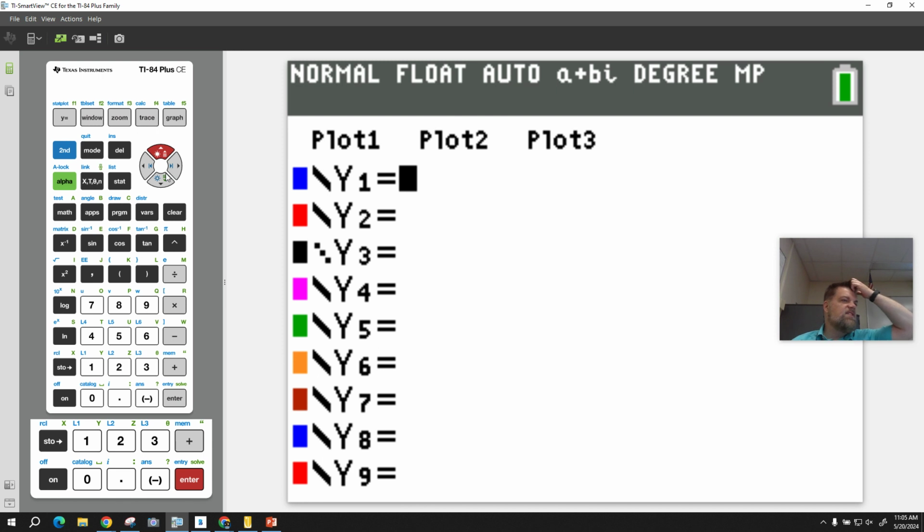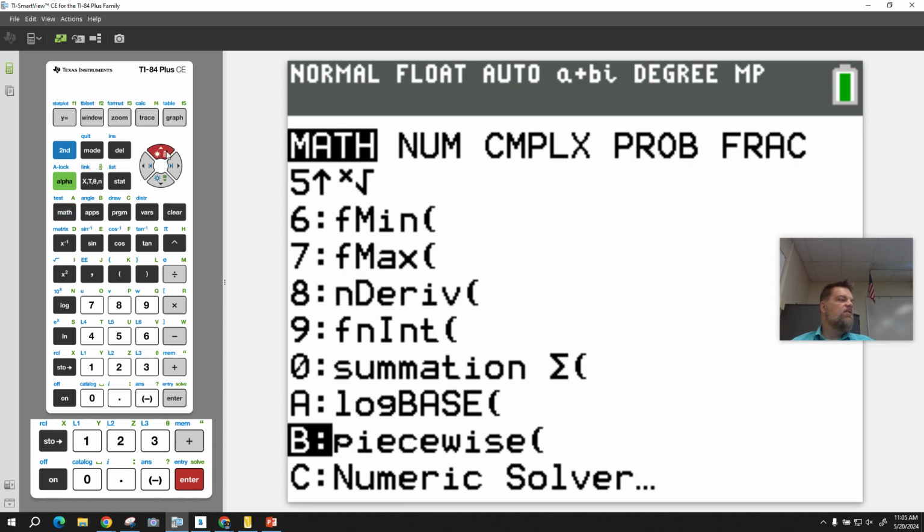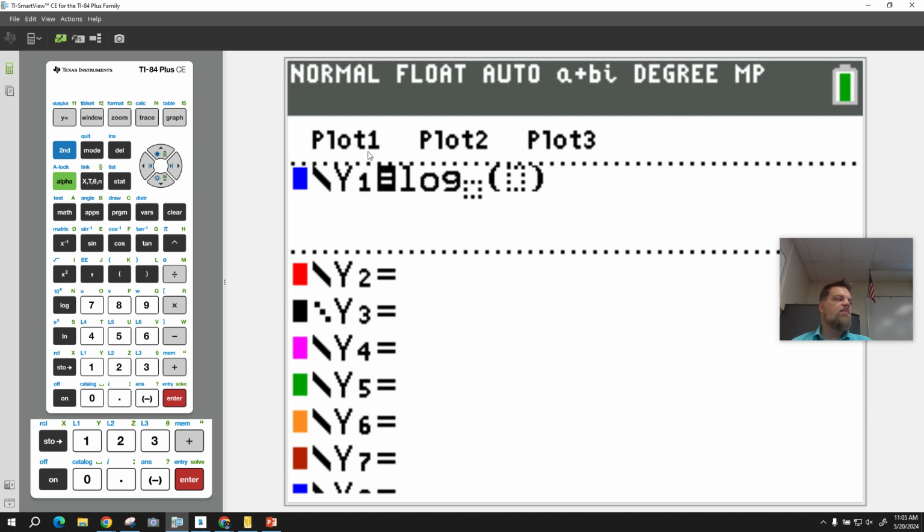So remember, does anybody in here remember what we hit to get the log with the base? Yeah. What is it? Math. Yeah. So if we hit math and we go all the way down to the bottom, see where that says log base? If you hit enter, that pulls up basically the same thing.